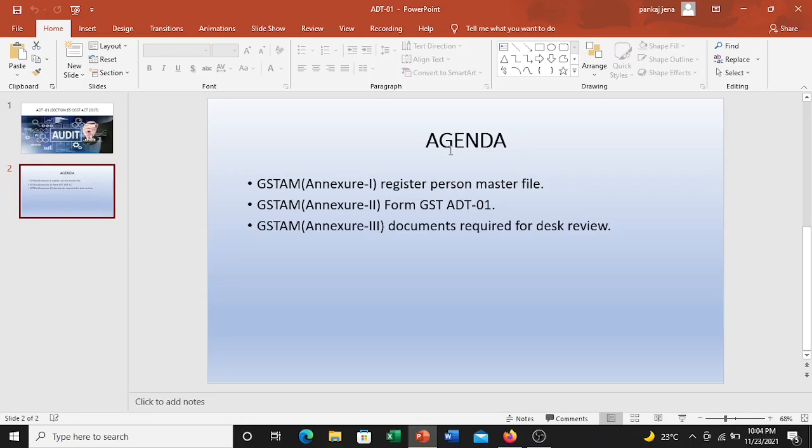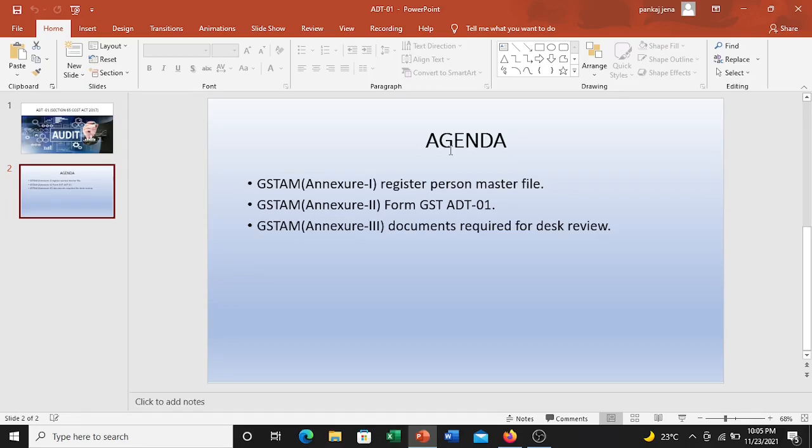That means the department will actually notify you that we are going to make the audit from so and so year to so and so year, like that. I would like to highlight one more thing. GST assessment will be a different regime. In the GST regime, the tax commissioner or assessing officer is able to do the GST assessment for various periods.